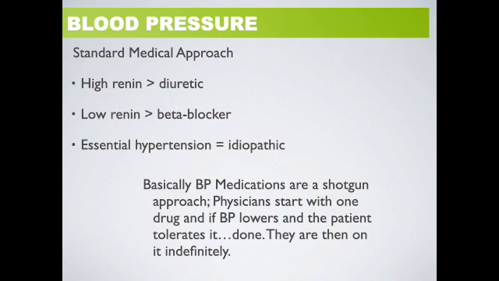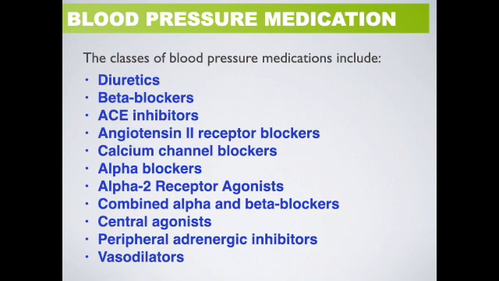And then they try to bring fluid levels down to decrease the volume of fluid in the blood. These are the various classes of blood pressure medications that are used. Diuretics, beta blockers, ACE inhibitors are the ones I see the most commonly in my practice with patients coming in.